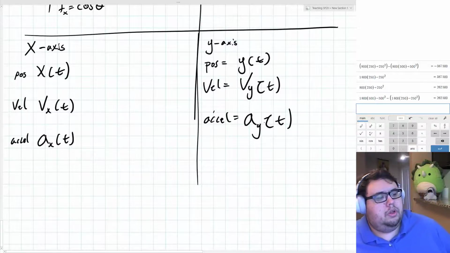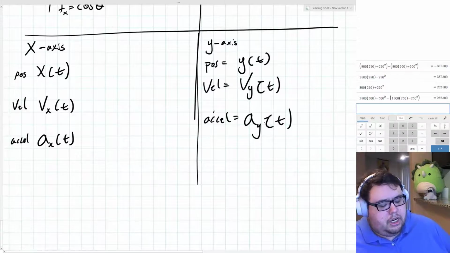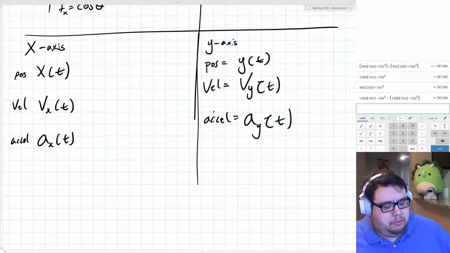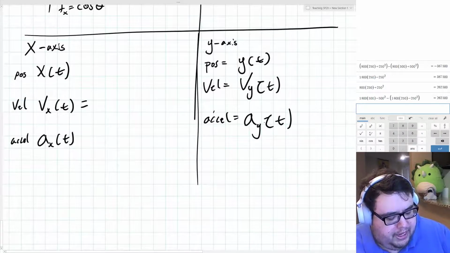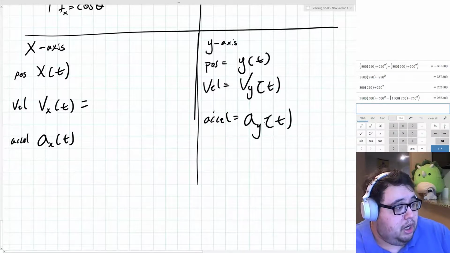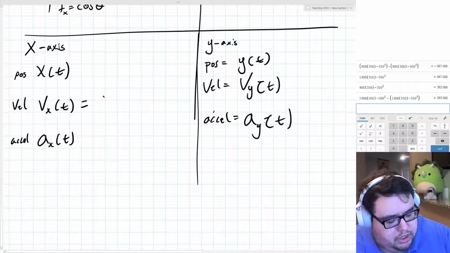So because we're assuming an instantaneous impulse on the projectile, we should know that our velocity function v sub x should be constant. It'll just be cosine of theta.